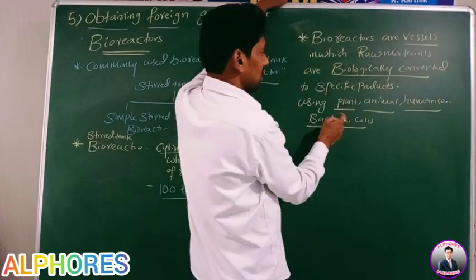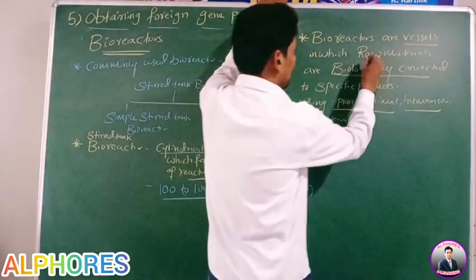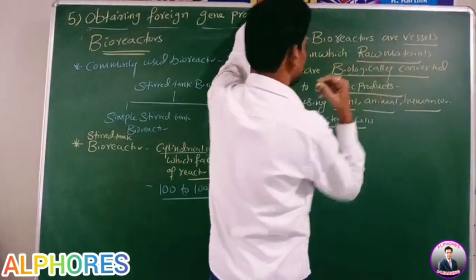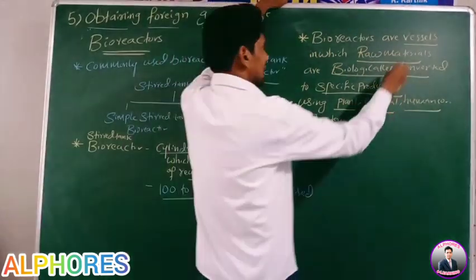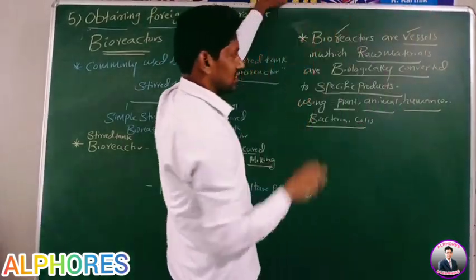Biologically, it means using living organisms, right? Raw materials are converted into specific products in a vessel. That vessel is called a bioreactor.